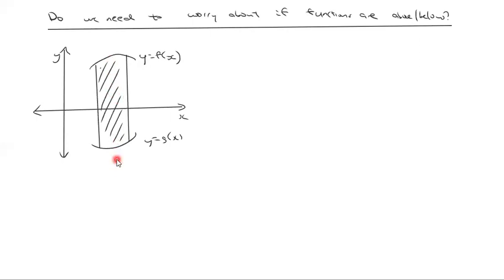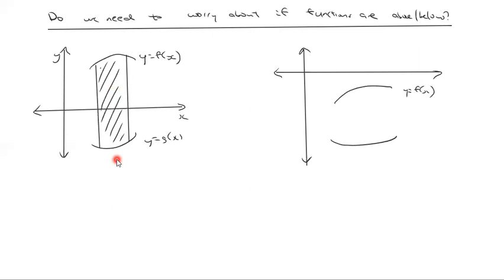Now I've put g of x below. And then there's another situation where, for example, f of x and g of x are both below. f of x, as far as I'm concerned, is always the one on the top. g of x, as far as I'm concerned, is always the one on the bottom. But depending on where they are, will this change anything?